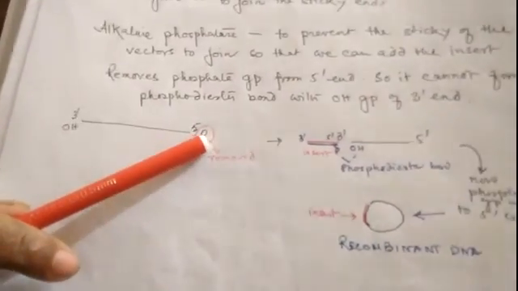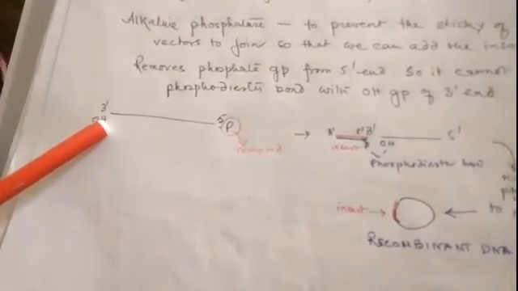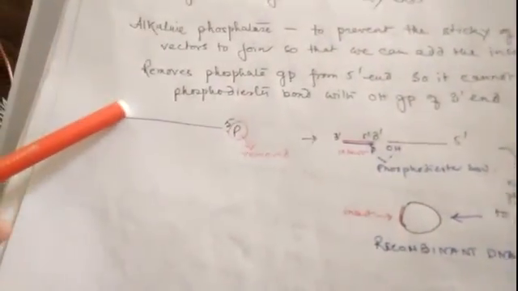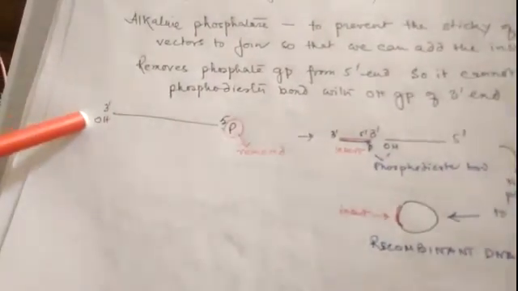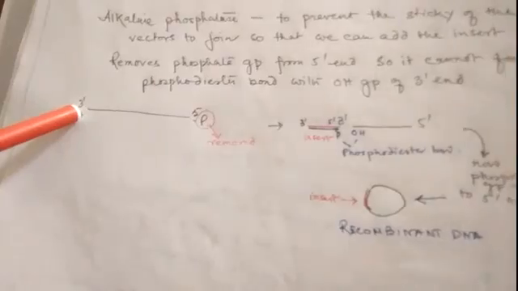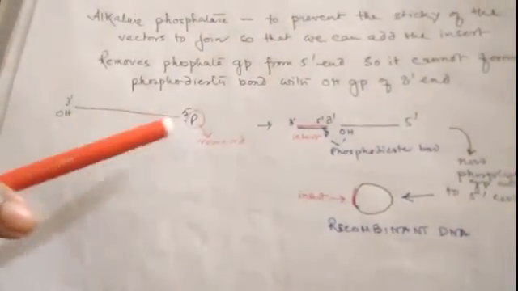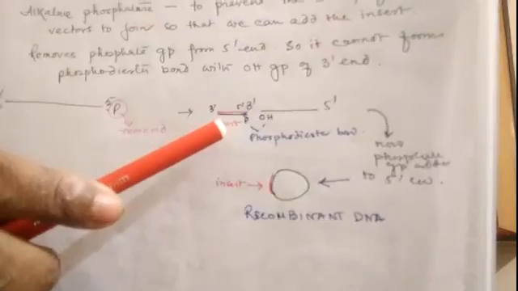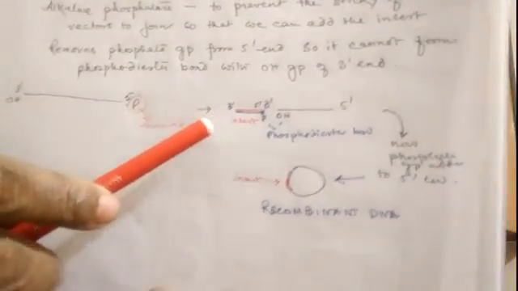The 5' end will have the phosphate and the 3' end is having a hydroxyl group. So this phosphate will again try to react with the hydroxyl group of the 3' end, and it will form the phosphodiester bond. So if we keep it like this, it will go on rejoining and forming a circular DNA. So there you can't insert the desired DNA. So what we have to do, we have to keep it linear in order to insert the desired DNA.